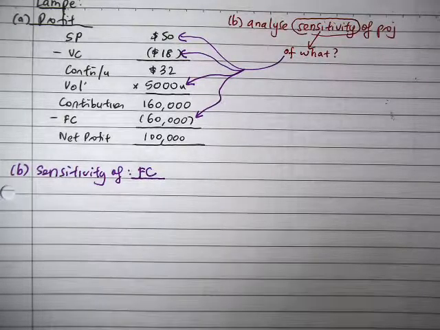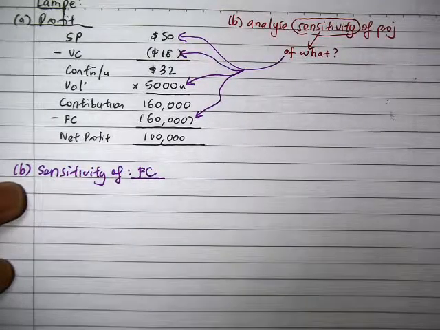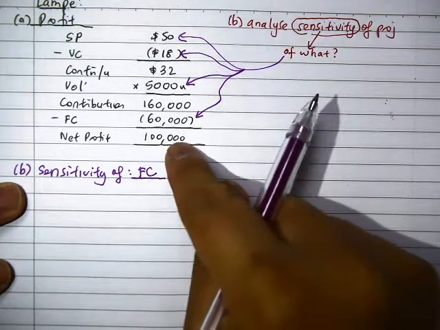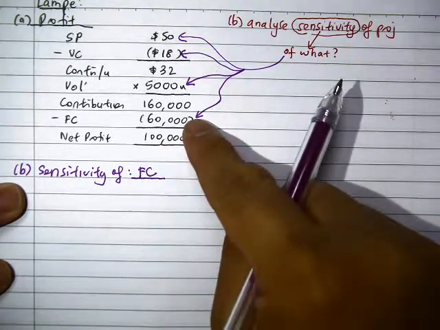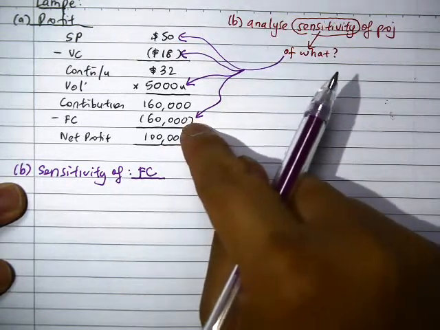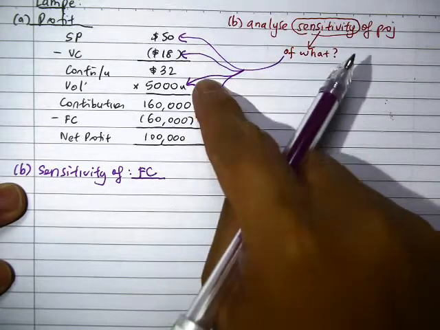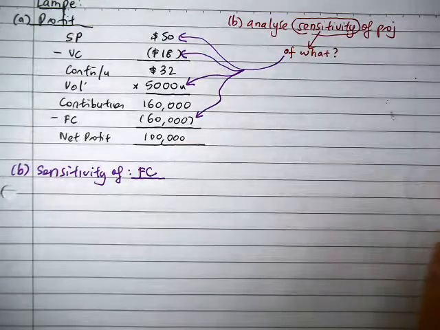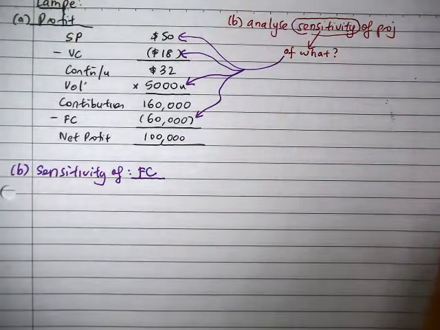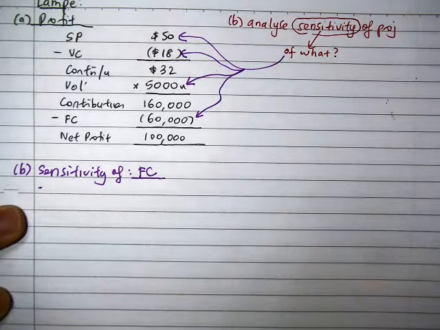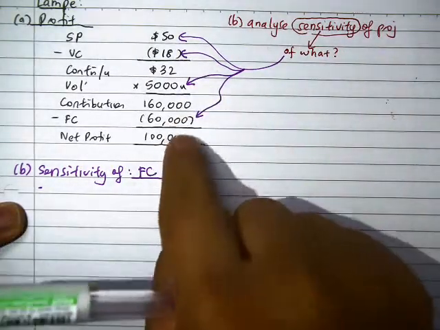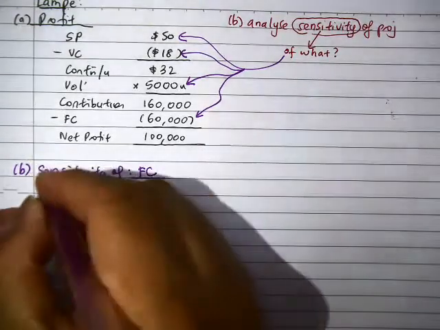At 60, you still have a profit of 100. So from 60, how much can fixed cost go up so that this profit becomes 0?